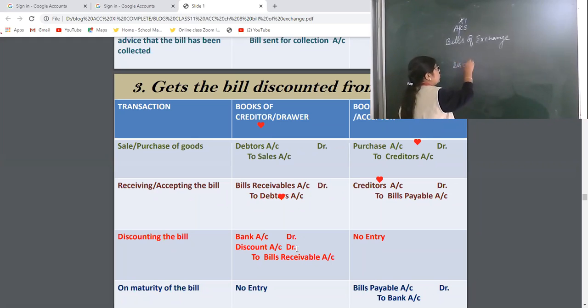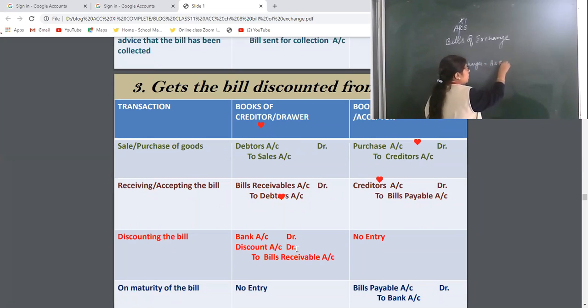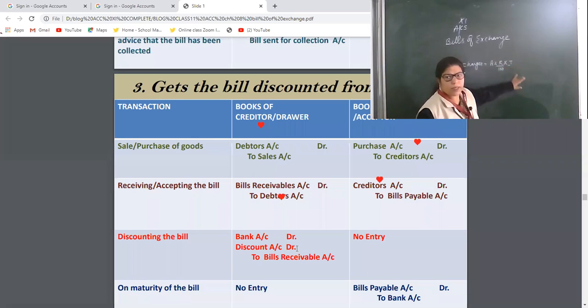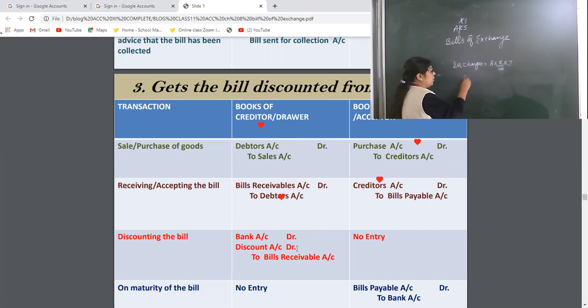Discount charges is equal to amount of bill into rate into time, and you know about that time. In your childhood, you learned that formula, principal into time into rate.